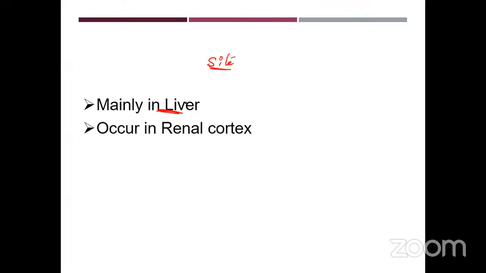That's why when I told you about the Cori cycle, what was the Cori cycle? Removal of lactate. In the muscle, glucose is finally converted to lactate.